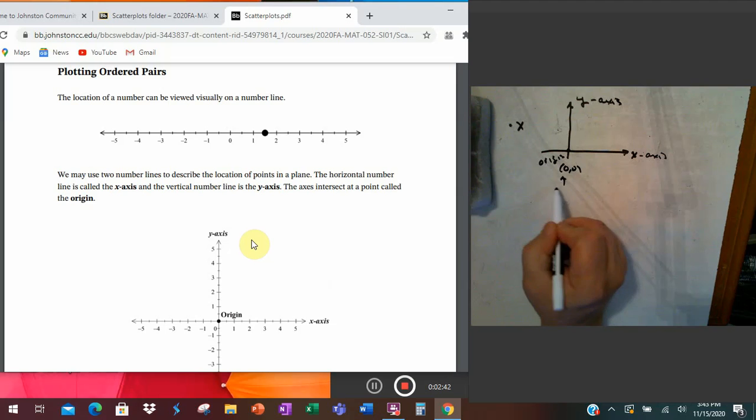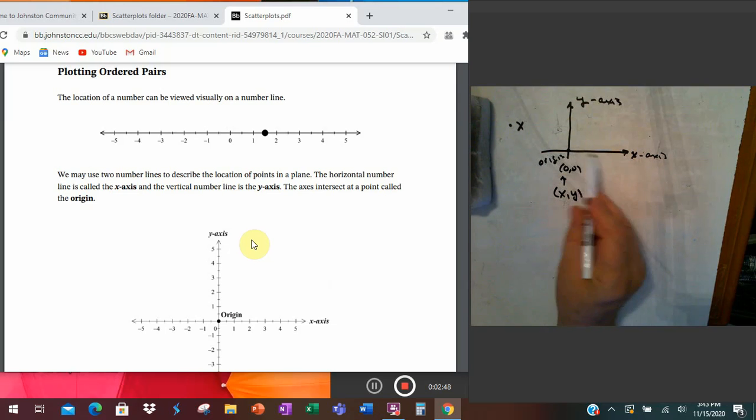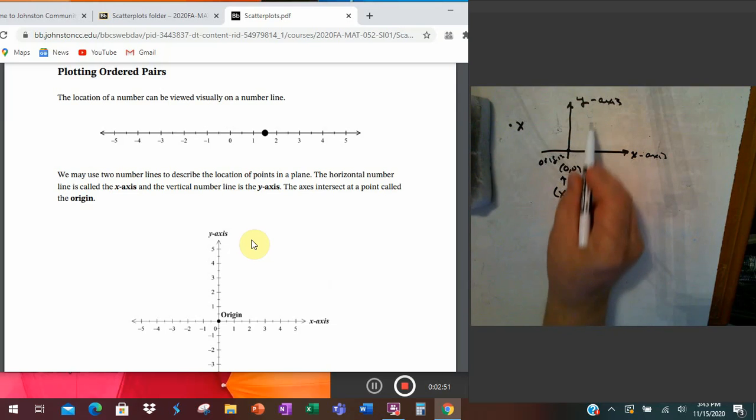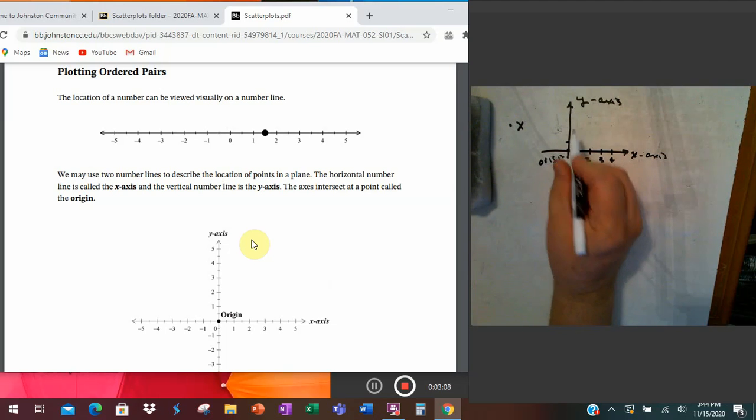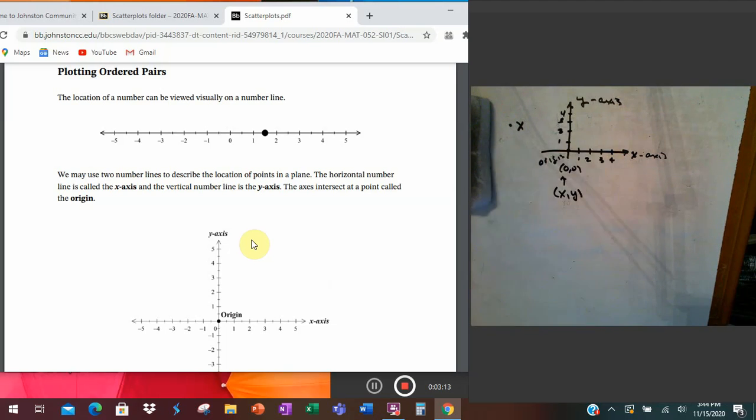Anywhere on this little graph I can locate by X and Y. The value of the X and then the value of the Y is going to be up through this value. So I put these coordinates, this is a coordinate, a point, and this is going to be saying X is 0, my Y is 0 for there. Okay, and then I'm just going to do equal points here. So this would be like 1, 2, 3, 4, 1, 2, 3, 4. Like that.